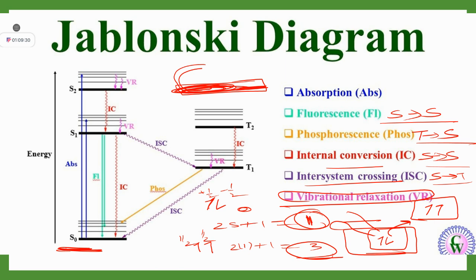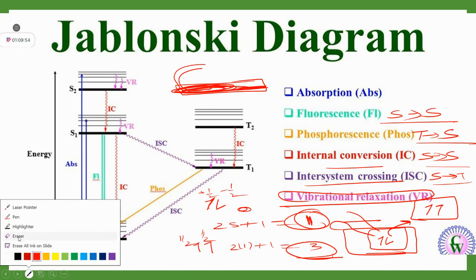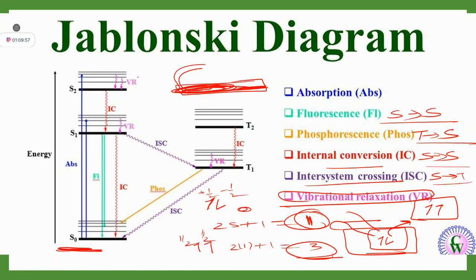One more thing that I have missed here: next time when I come, you should come with this answer. In all these five phenomena, a molecule can come from a higher excited state to a lower excited state in two ways: radiative and non-radiative.